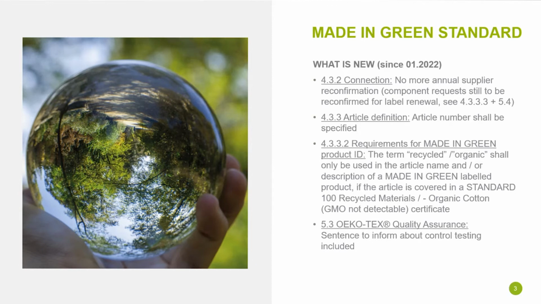In subchapter 4.3.3.2, the term recycled or organic shall only be used in the article name and/or description of a Made in Green label product if the article is covered in a Standard 100, recycled materials, or organic cotton certificate. And another sentence has been added to inform about control testing in chapter 5.3.